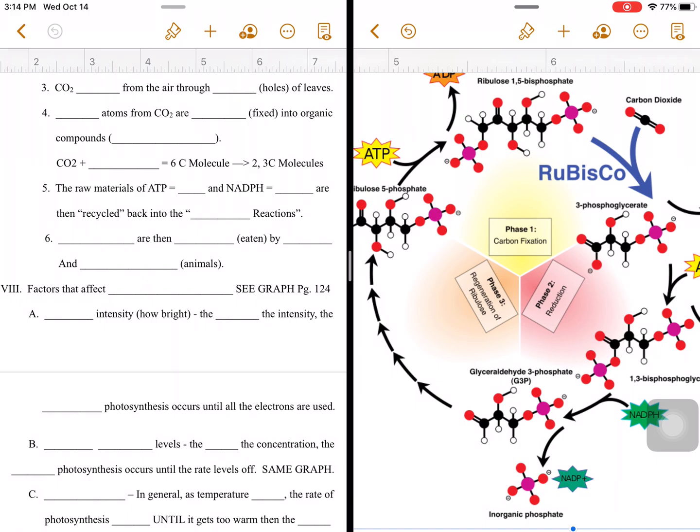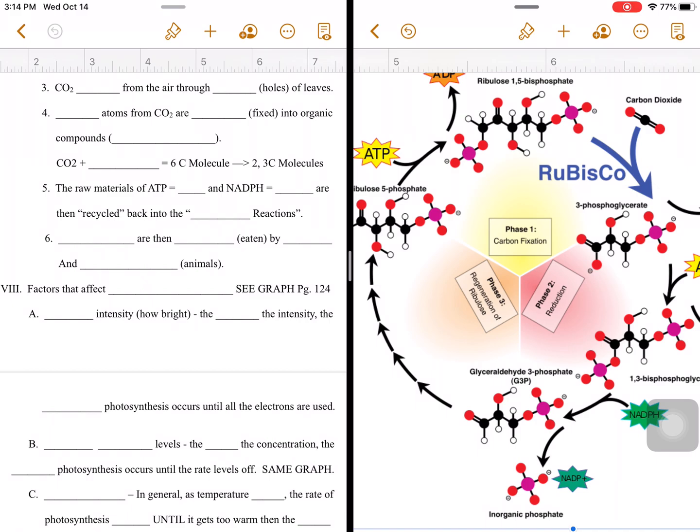But through this whole big process, what's going on is ATP and NADPH are donating energy to create the anabolic reactions in many, many steps. And then the raw materials of ATP and ADP and NADPH or NADP are recycled. They go back to the light reactions. After ATP donates its phosphate, it goes back to light to get another phosphate group, and NADPH goes back to get its other hydrogen.